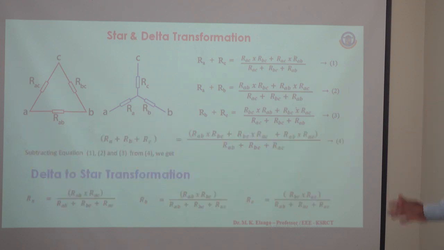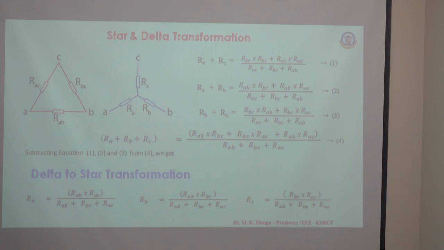From these first four equations, we are going to obtain the delta to star transformation. We subtract equations 1, 2 and 3 from equation number 4. In equation number 4, the left hand side has the resistances RA plus RB plus RC.